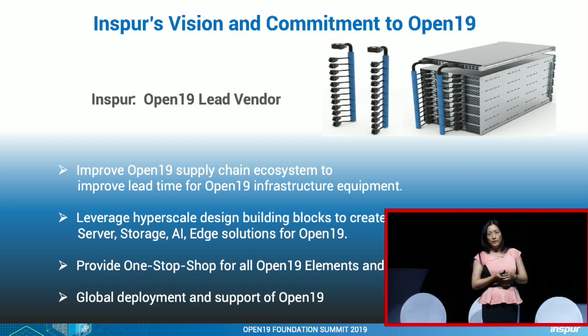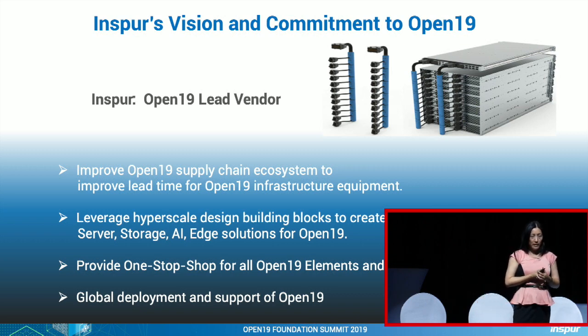We also would like to design the switch and help LinkedIn and the Open19 Foundation find a solution for the power shelf. And then also help deploy Open19 solutions globally.